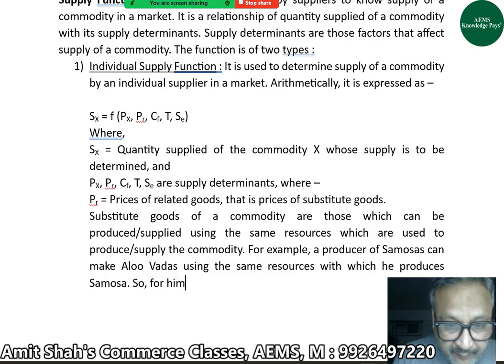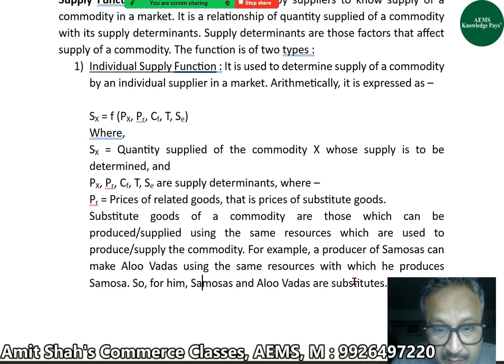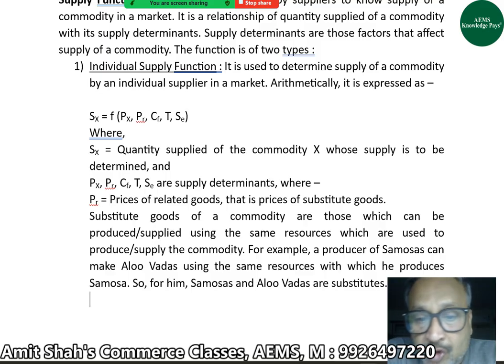So for him, samosas and aloo vadas are substitutes. Am I clear? Yes. He does not need any extra resource to make aloo vadas. By using the absolutely same resources with which he makes samosas, he can make aloo vadas. So for him, these two commodities are substitutes.